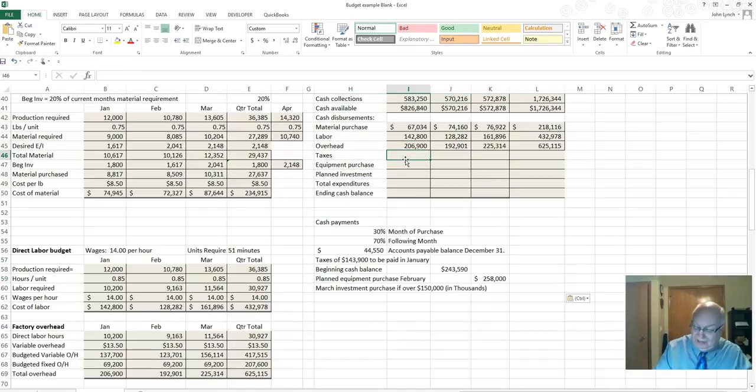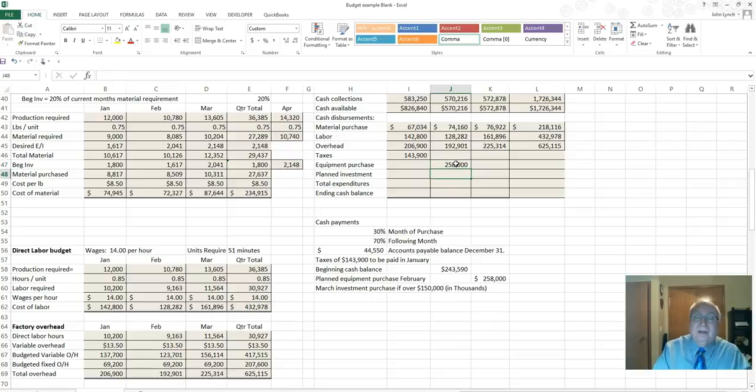Taxes of $143,900 will be paid in January. Okay. We also know the planned equipment purchase for February is $258,000. So that will go there. And in March investment, we don't know yet. Okay. So total expenditures, that's going to be those added up.